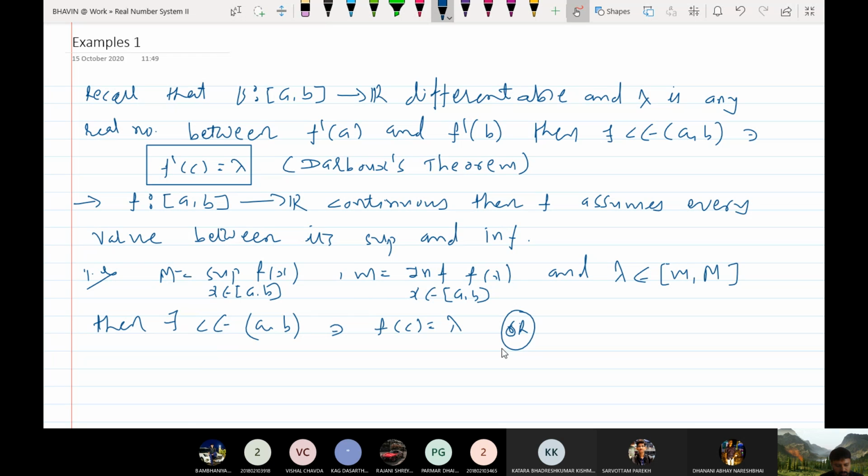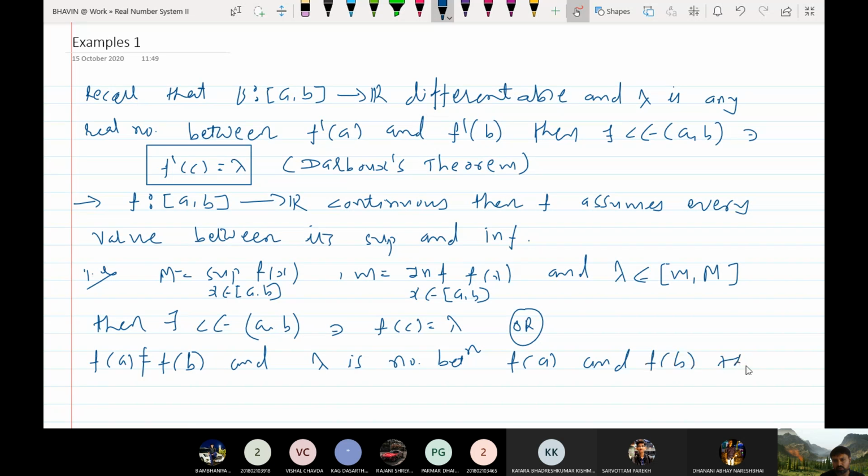If you take any number between f(a) and f(b), or let me assume that f(a) not equal to f(b), and lambda is a number between f(a) and f(b), then also you can find there exists some c belongs to open interval (a, b), so that f(c) equal to lambda.